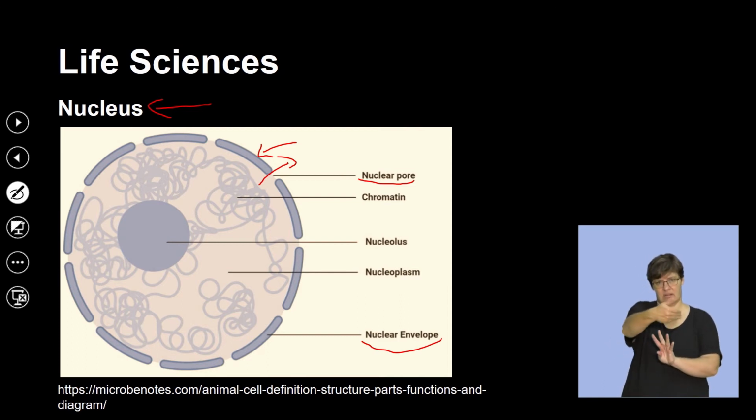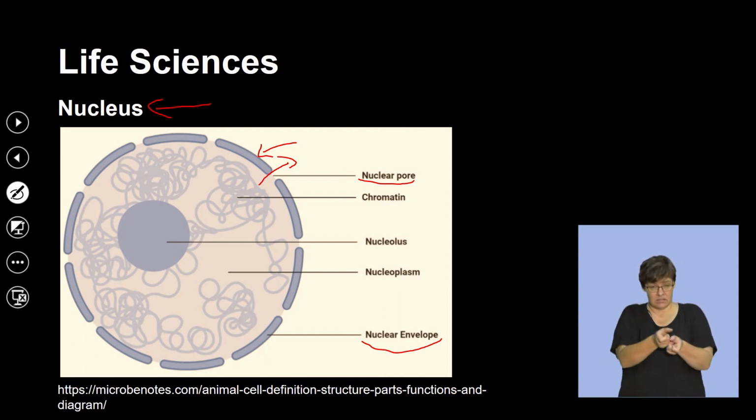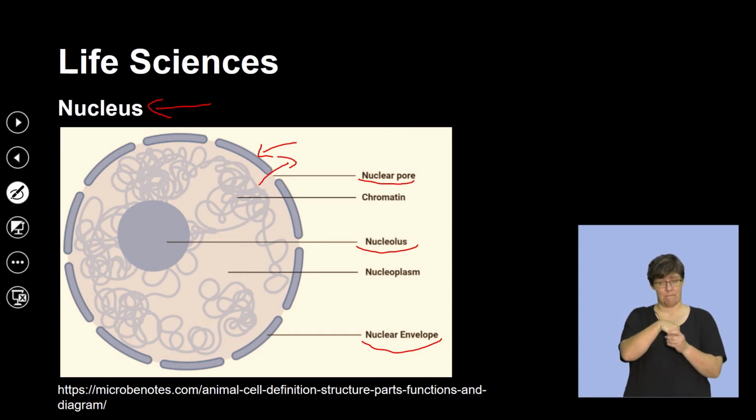Remember that the nucleus is the control center, and it has the ability to send out messages to the rest of the organelles within the cell. Central to a nucleus is the nucleolus, which has an important function which we need to unpack in a bit. The nucleus contains a matrix called the nucleoplasm.